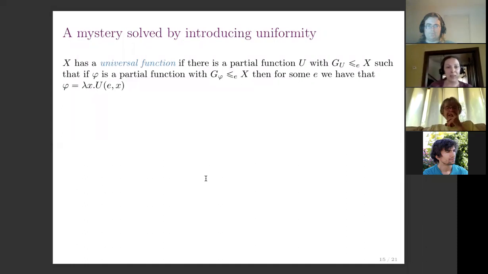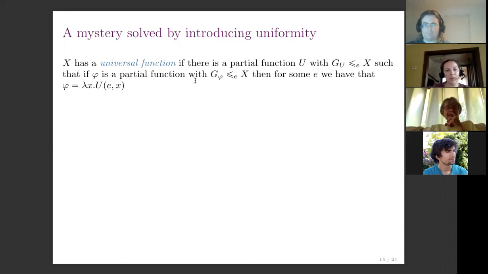The universal function property, let me just say what this is quickly. X has a universal function if there's a partial function U, graph reducible to X, so that every partial function with graph reducible to X appears as one of the columns of U.